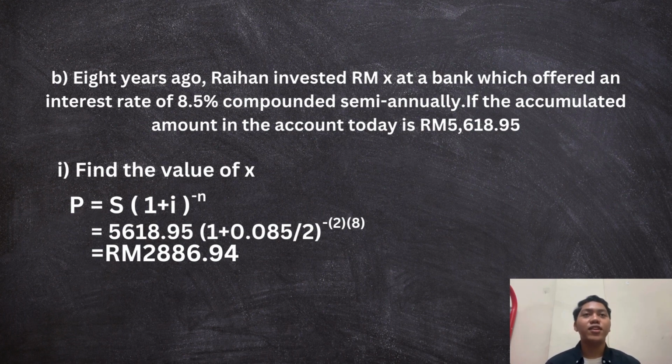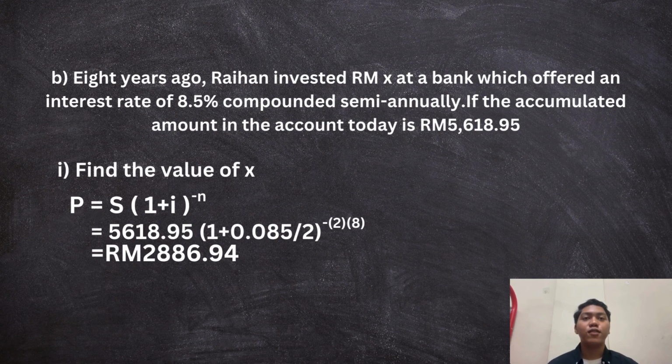Alright, with the given information, we have to insert it into the formula. P equals S(1 + i)^(-n), where P is the value of X, equals S, which is the amount 5,618 ringgit and 95 cents, times (1 + 0.05/2)^(-n), where n equals 2 times 8.